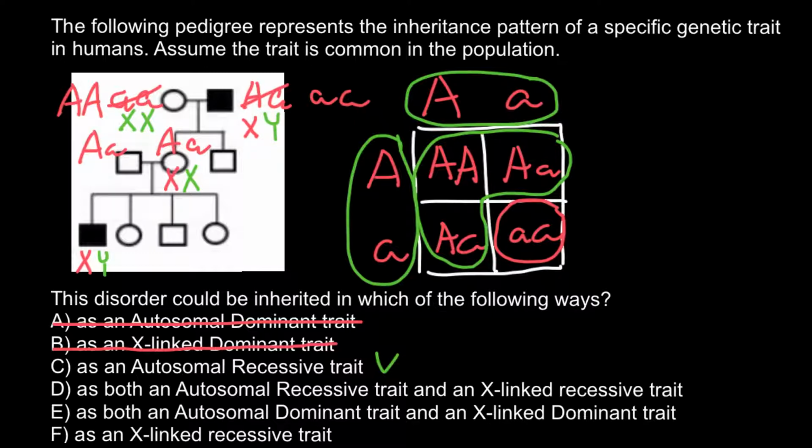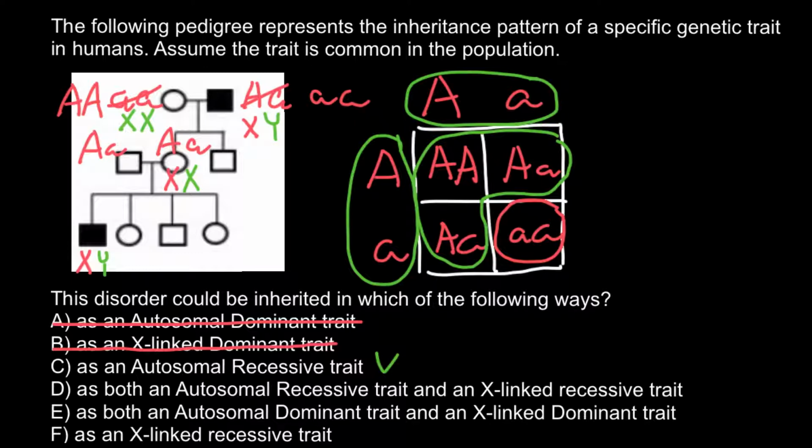Because males have only one X chromosome, even if this is a recessive trait, it would show up as dominant here, because males are hemizygous and don't have another X chromosome with a normal allele to balance this recessive trait. So the recessive trait would show up as dominant and the male would be affected.